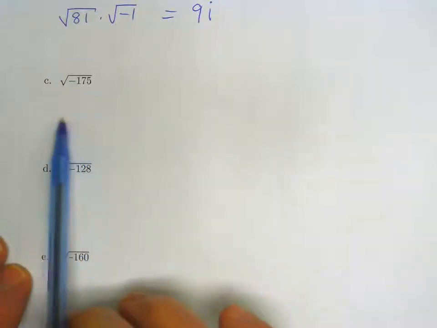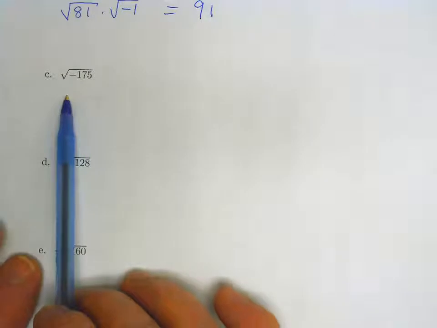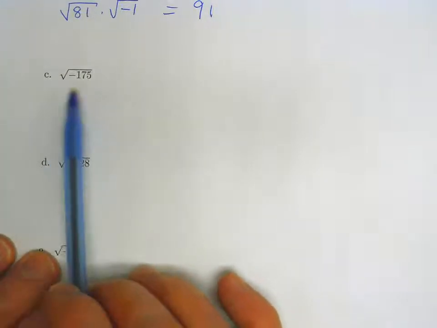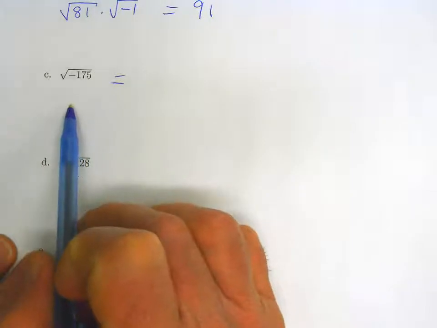Okay, so you should expect some more involved situations. To simplify the square root of negative 175, the largest factor of 175 that's a perfect square is 25.